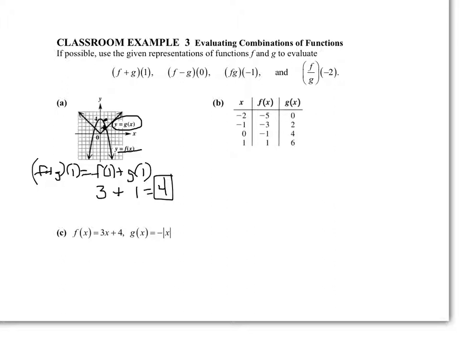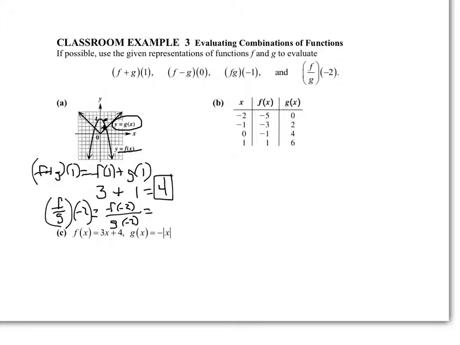Now, I could do some of these other operations. Let's skip over and do f divided by g of negative 2. Well, that means I want to find f of negative 2, and I want to divide it by g of negative 2.